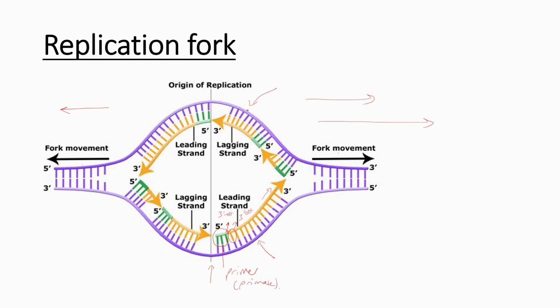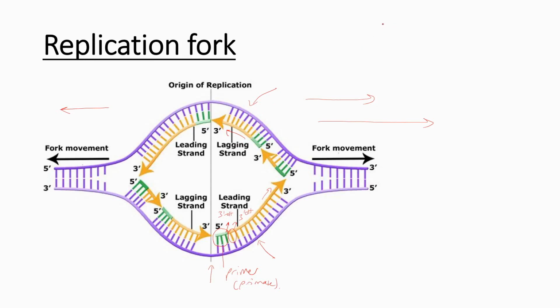At the top here, this purple template strand, when it's copied, the newly synthesized strand is moving in the opposite direction to the replication fork or the DNA helicase, the opposite direction to the direction that the DNA is being unwound. And so this is an issue because we're moving in the opposite direction.